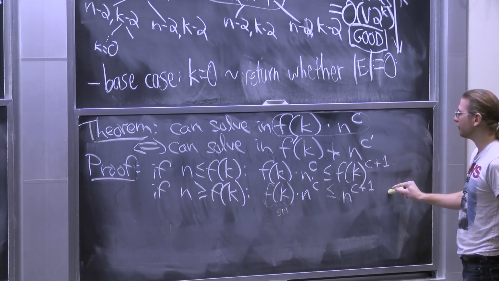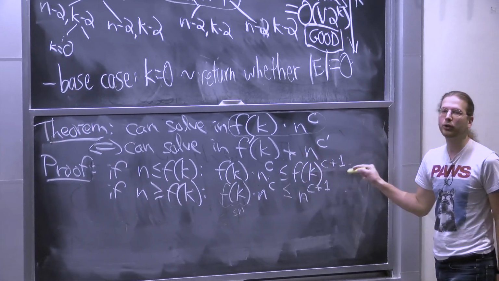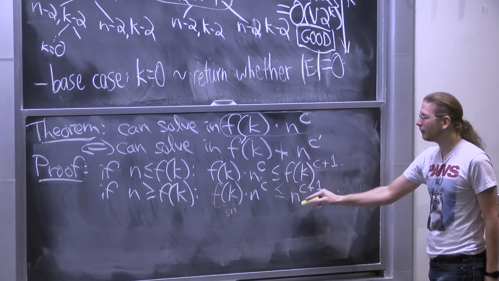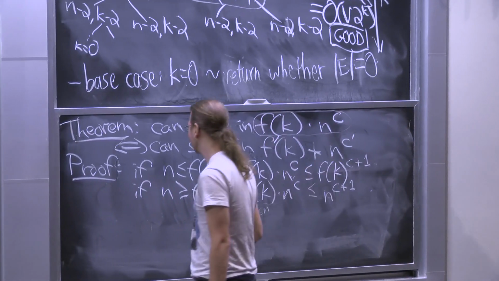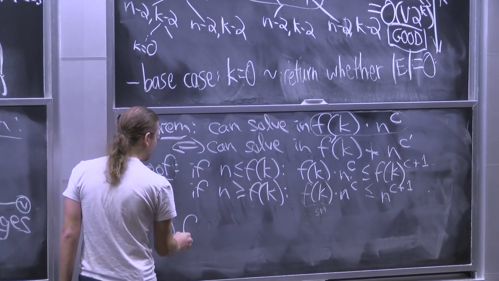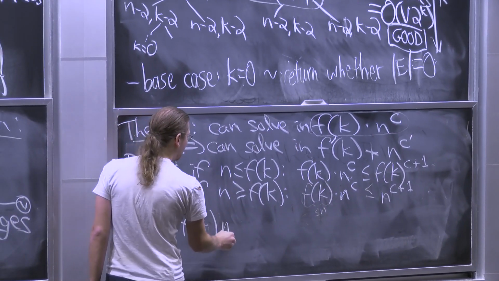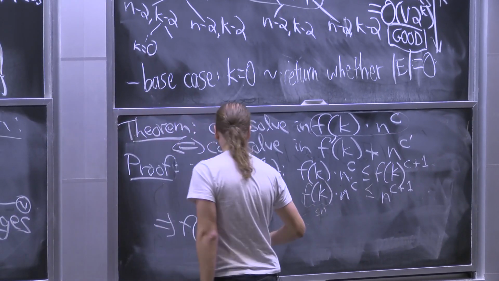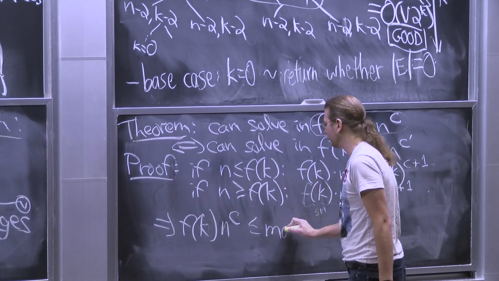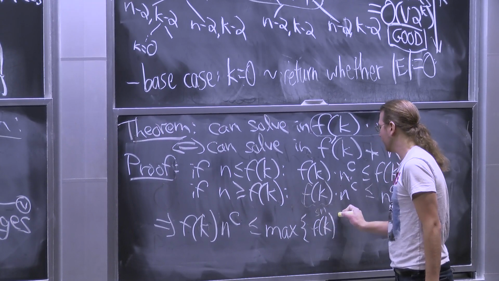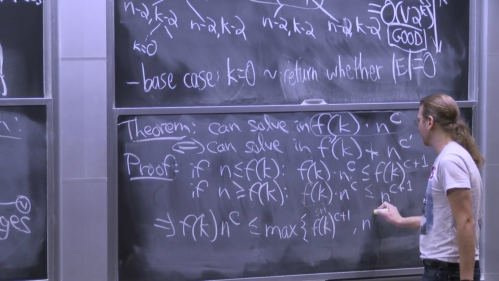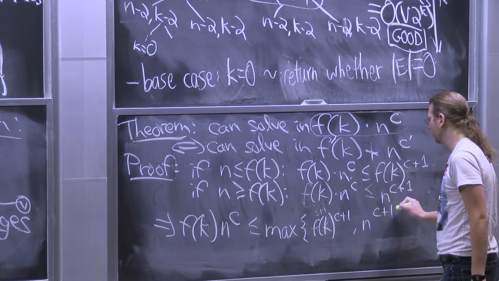Okay, so really I have two scenarios. Either I'm bounded by some pure function of k, or I'm bounded by some pure polynomial of n, which means in both cases, the running time f of k times n to the c is bounded above by the max of those two things: max of f of k to the c plus 1, n to the c plus 1.